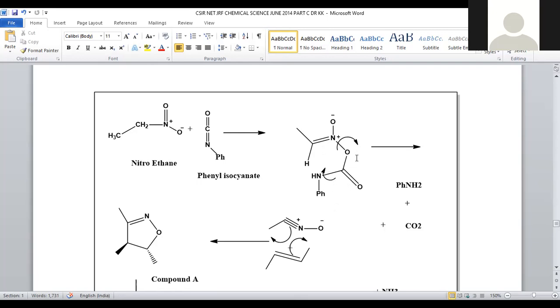This bond is shifted towards this side and these sigma-bonded electrons are moving towards this side, and this pi bond will be polarized in this manner so that here it turned into C=O. This is carbon dioxide, and this other fragment, the PhNH group, will be protonated further and converted into aniline.